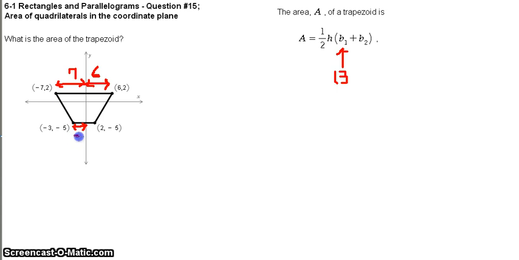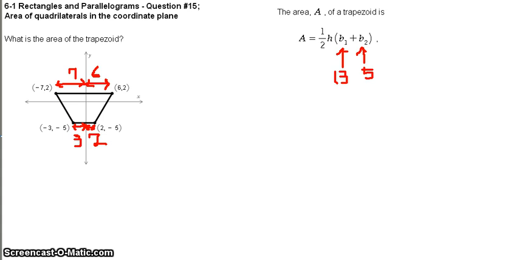So this is 3 units, and this side, from this point to the y-axis, is 2 units. So how long is the whole thing? The whole thing would be 5. So B2 is 5. What about my h?